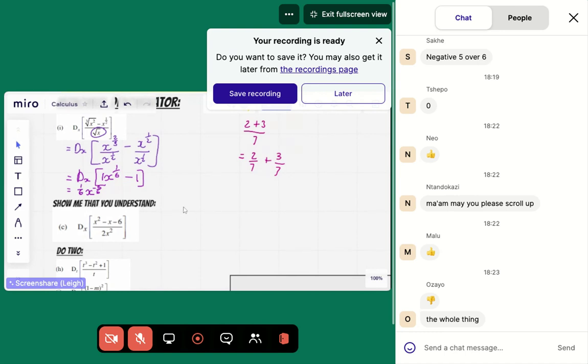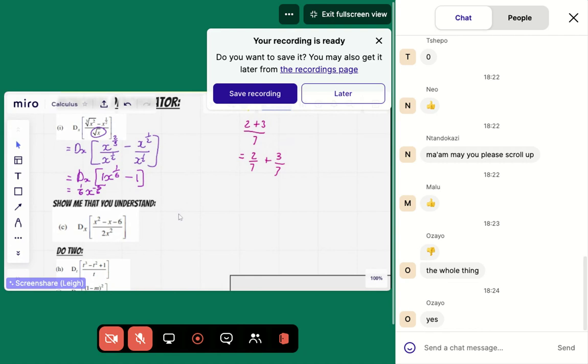The whole thing. Okay. Isaiah, did you remember to keep the dx in the square brackets? And then did you try splitting each term of the numerator over the denominator? Because that's the first step. Yes. Okay, so I don't know if you're able to turn your mic on or not, but if you could say it rather than type it, if you could say what your first line of working looks like.